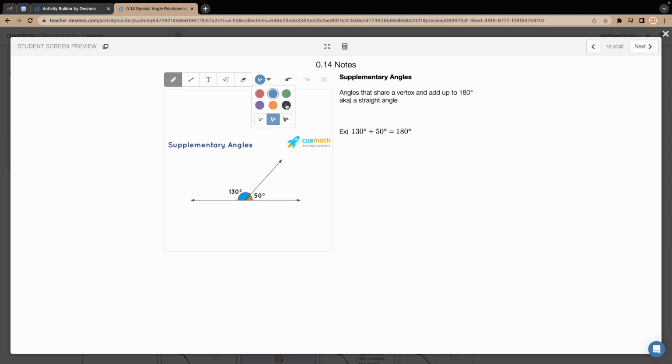Another reason it's 180: 130 plus 50 is half a circle, and half of 360 is 180. This comes up all the time this year. Supplementary angles, super important. Two angles that share a vertex and add up to 180, or half a circle. They always make a straight line.